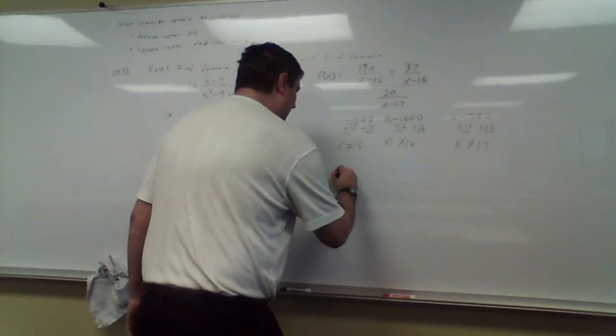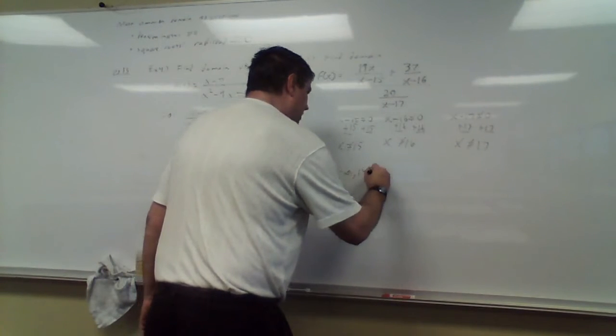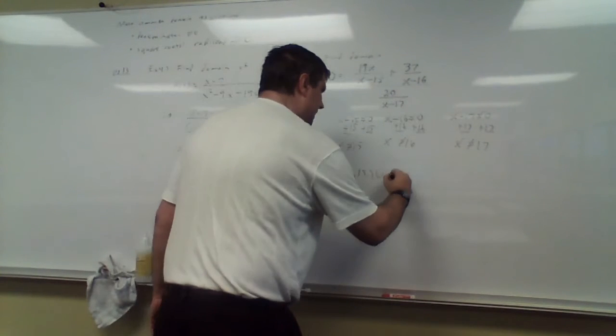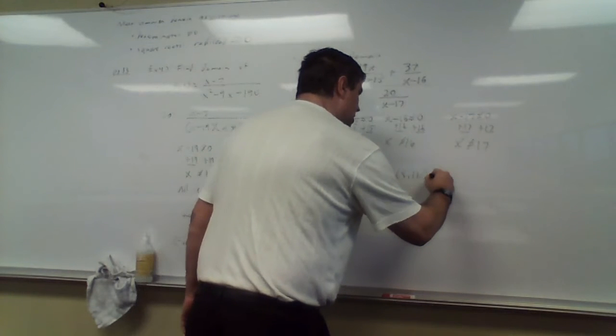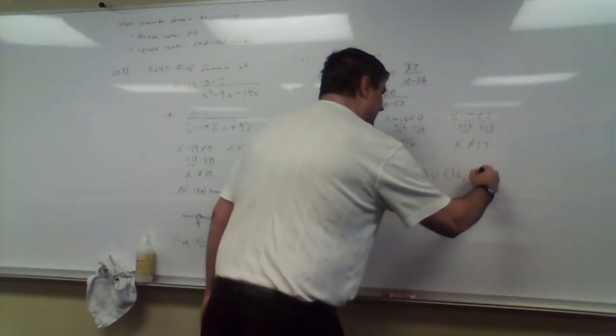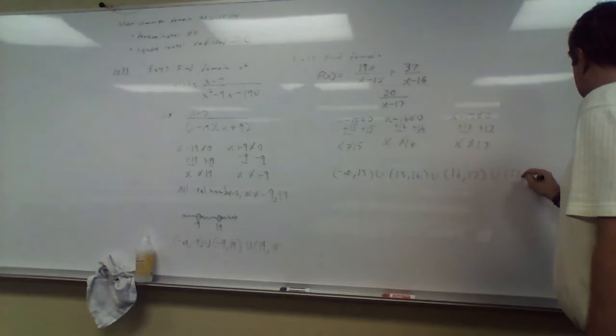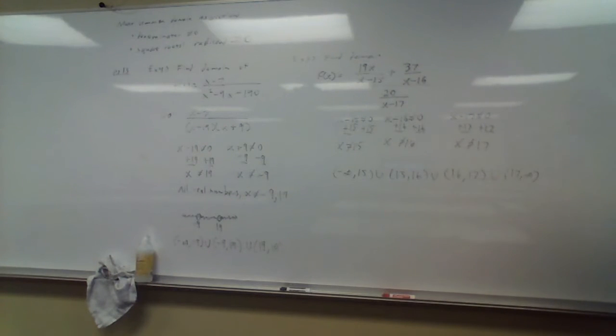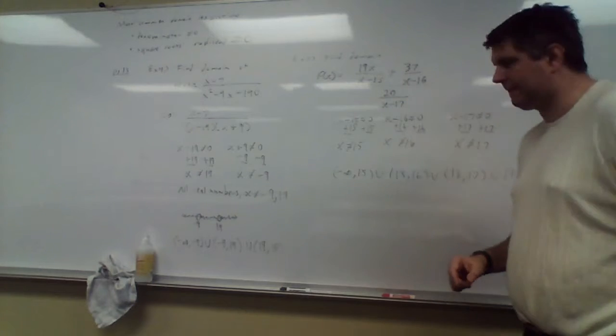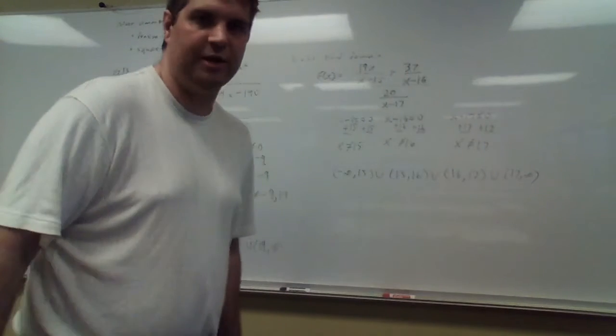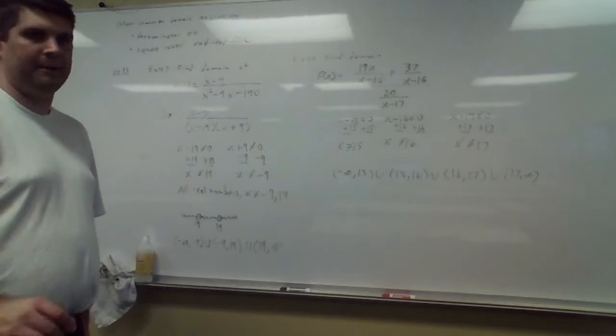That's got to be negative infinity to 15, union 15 to 16, union 16 to 17, and union everything after 17. You can see traditional notation on the paper.